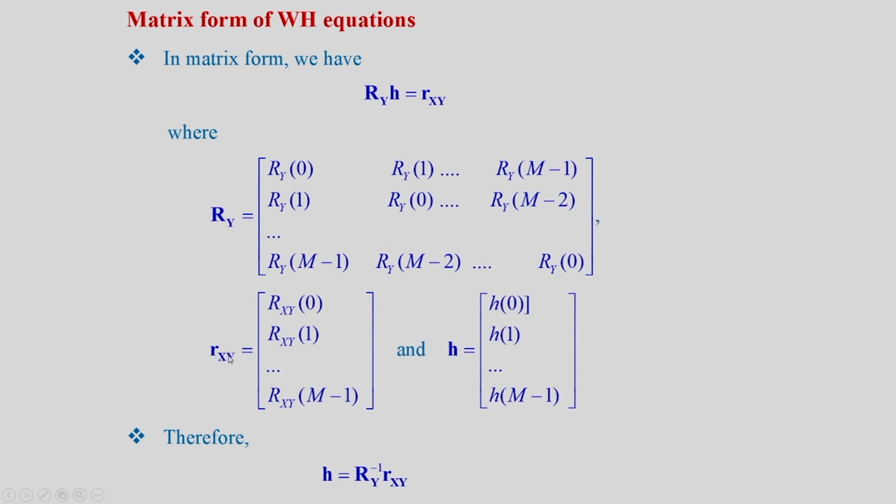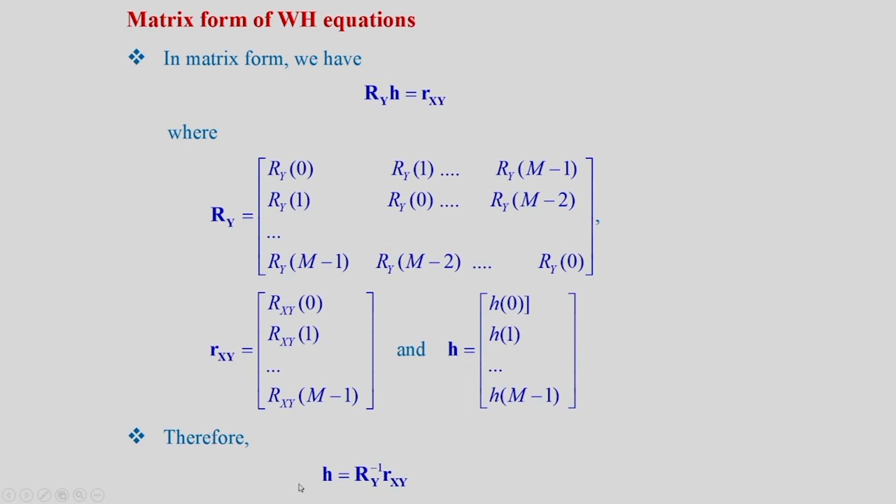Similarly, r xy is the cross covariance vector and its elements are r xy of 0, r xy of 1 and so on up to r xy of m minus 1. And h is the vector representing the filter coefficients. There are m filter coefficients. So, these m filter coefficients are represented by this vector.